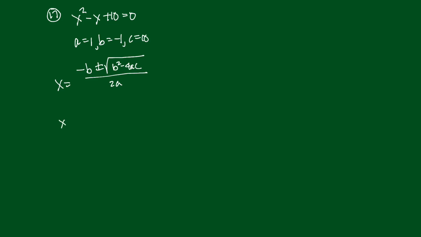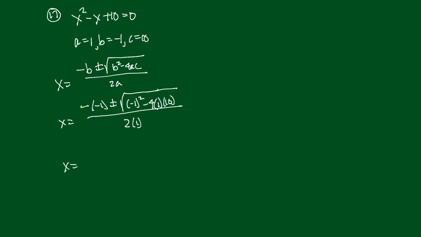Let's substitute. X is equal to the opposite of B. Now, careful, all the negatives. B is negative 1, so I'm going to get the opposite of negative 1 plus or minus the square root of B squared, so negative 1 squared, minus 4 times A, which is 1, times C, which is 10, all over 2A, 2 times 1.